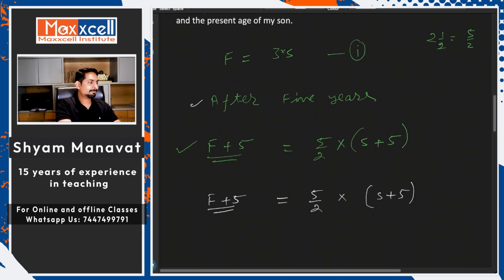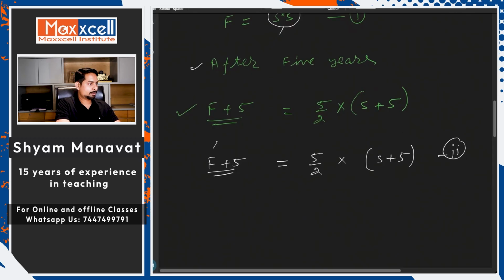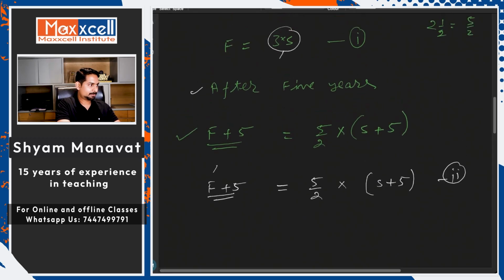I see that F equal to 3S. It's very simple. F equal to 3S. It looks very simple, right? So I can use substitution method here. I can substitute the value of F as 3S in this second equation and then simplify further. So if I substitute F equal to 3S here, I have 3S plus 5 equal to 5 by 2 multiply by S plus 5.